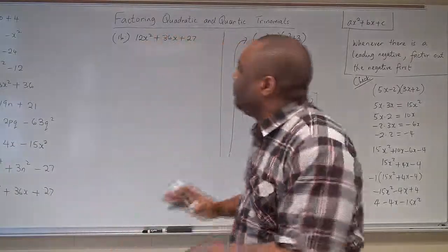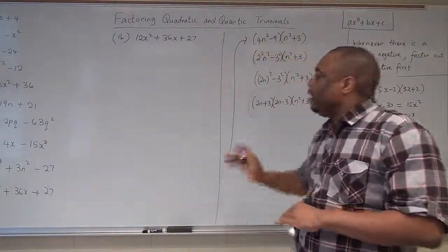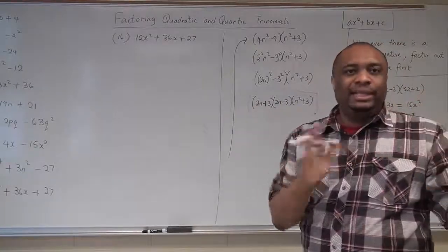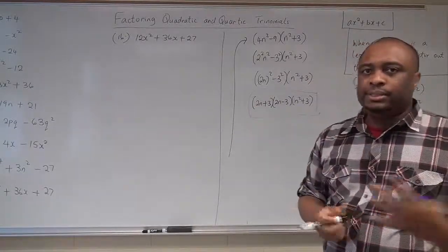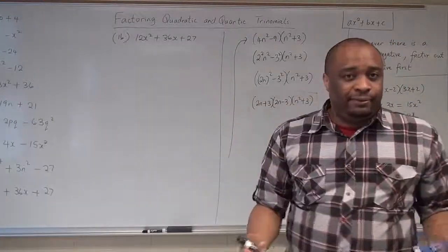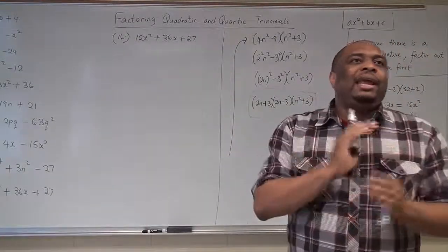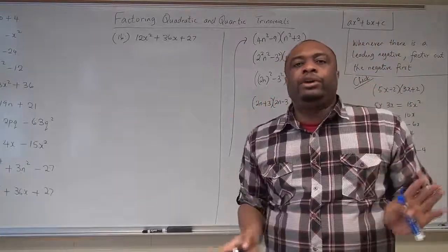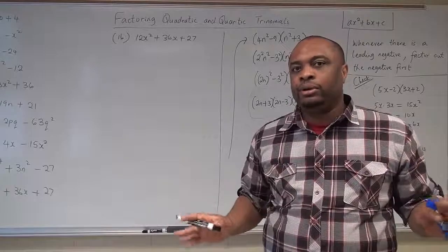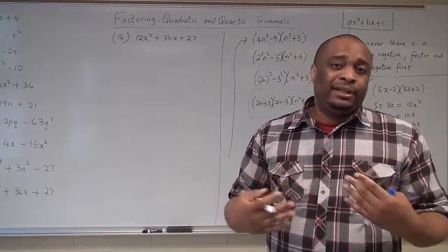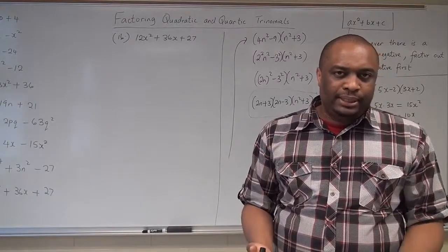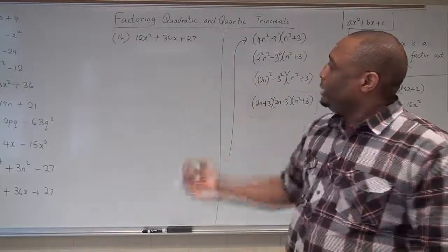The thing you want to do first, like all the questions we've been doing, if it has a leading negative, factor out the negative first. Also, any polynomial that you are asked to factor, you want to first see whether you can factor by GCF, so you will not deal with big numbers. You can do this 2 ways.